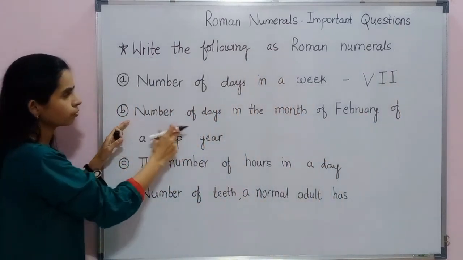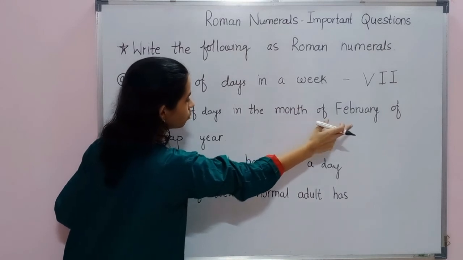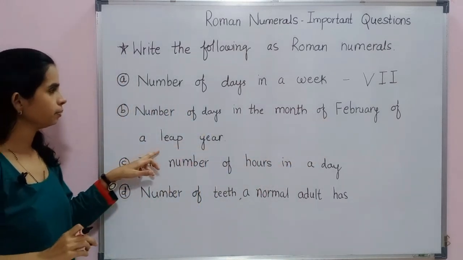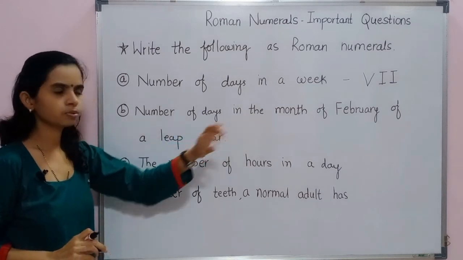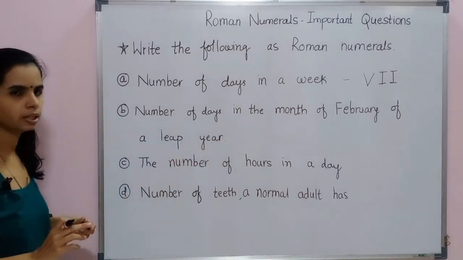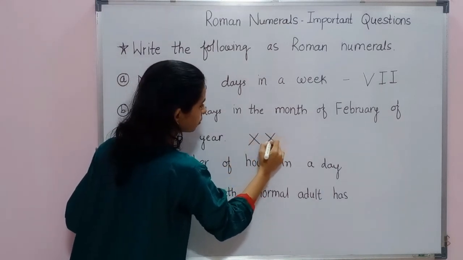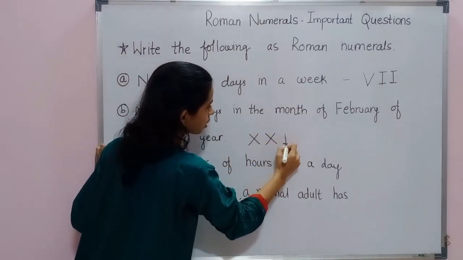Then the number of days in the month of February of a leap year. We know in a leap year, in the month of February there are 29 days. So 29 can be represented by XXIX.